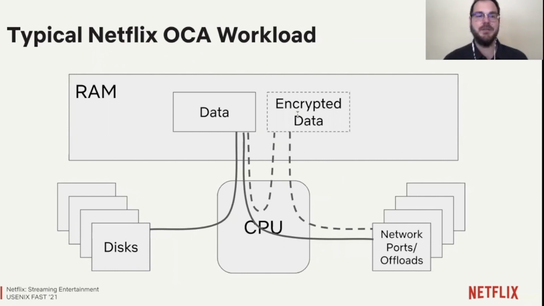We take bits from the disk, we put them into memory, we optionally encrypt them, and then we send them out to the network ports. But this is where we end up spending the bulk of our engineering time. And so I think it's a good summary of what my team does and what the hardware team does as well. We're trying to make the OCA work well as a system.